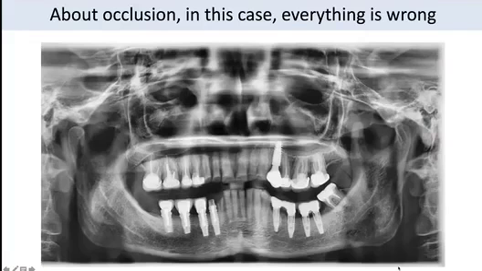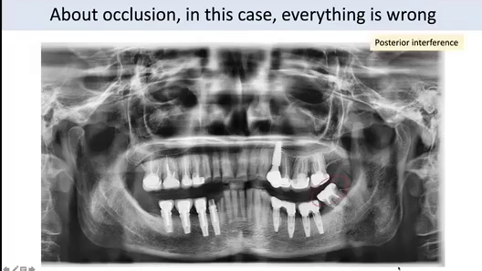If you look at this panoramic X-ray, in this case, the patient made a consultation for discomfort and muscle problem. Everything is wrong in this case.